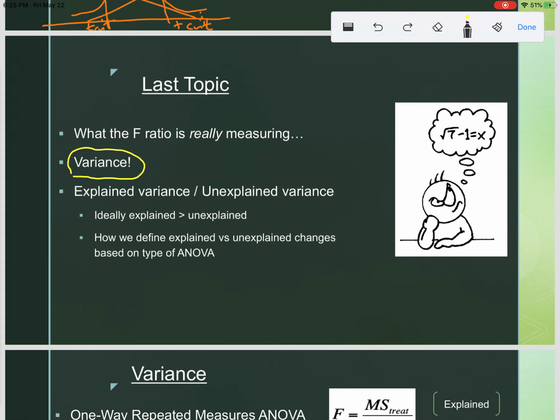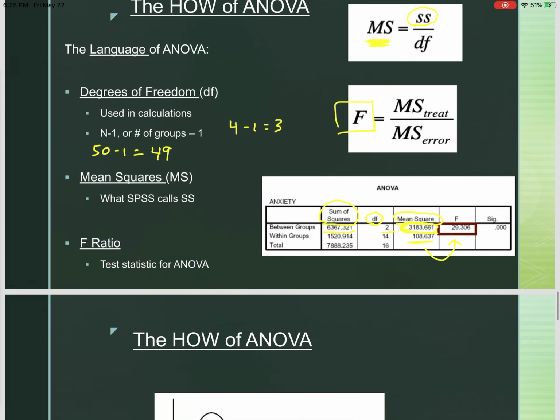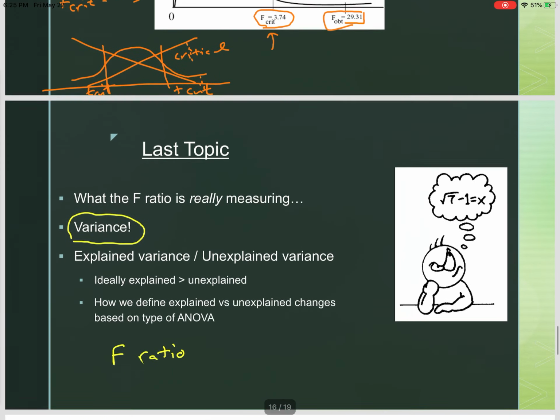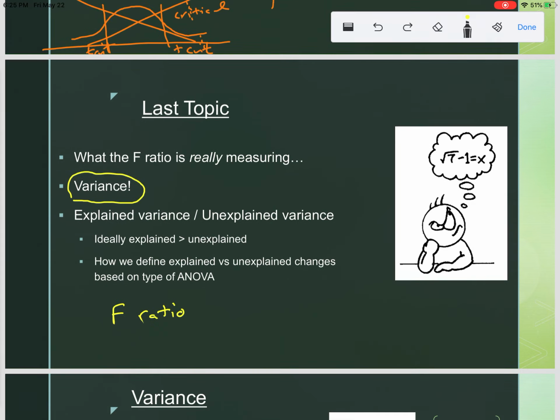Typically, the F ratio, which we saw before, remember the F ratio was our mean square of one group over mean square of another. Another way of looking at that, the mean squares is our mathematical way of looking at it.